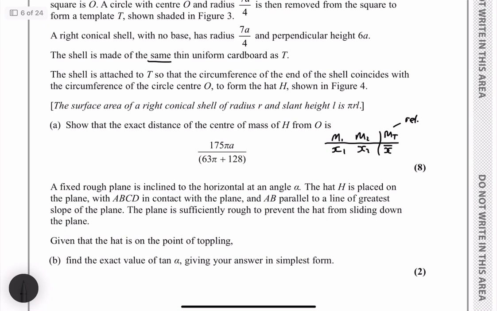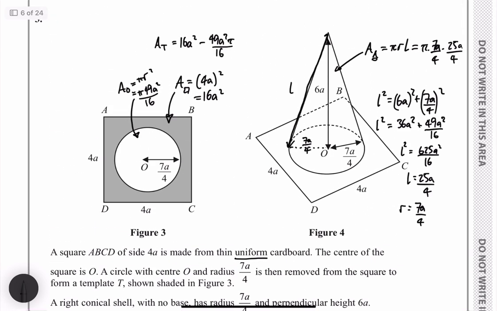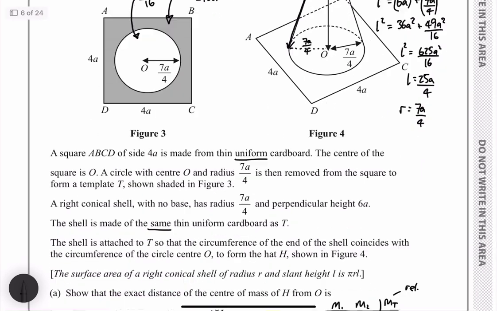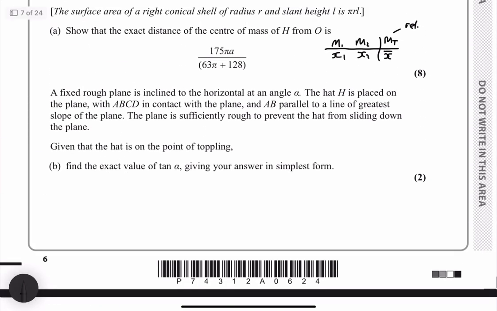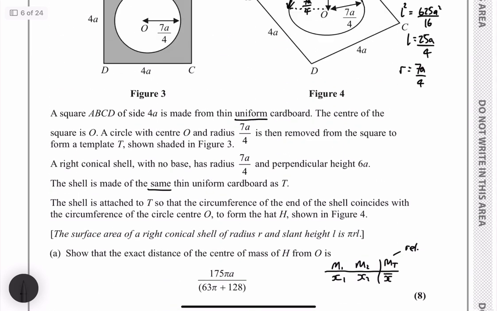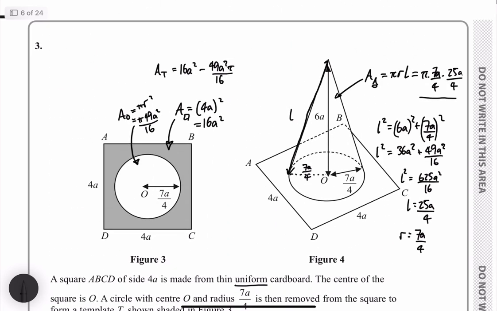Then the relative mass of part 2 is the cone. The relative mass is the expression we've got up here. That's 175a squared pi over 16. And that needs to be multiplied by the center of mass coordinate from O of the cone. Now if you forget where that is, don't panic, because that's given to you in the formula booklet.